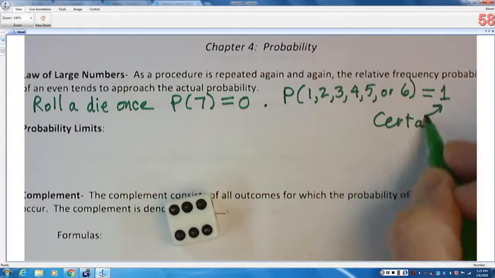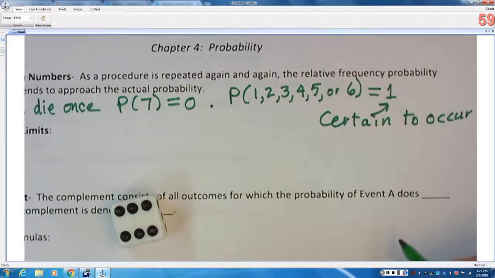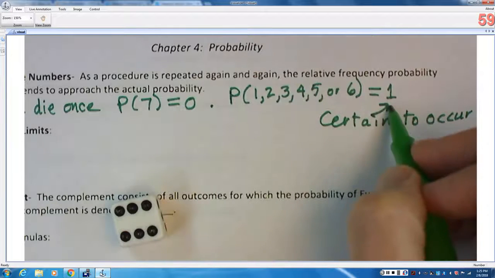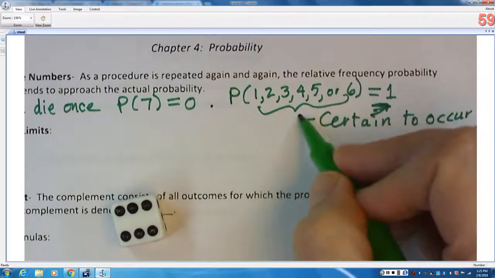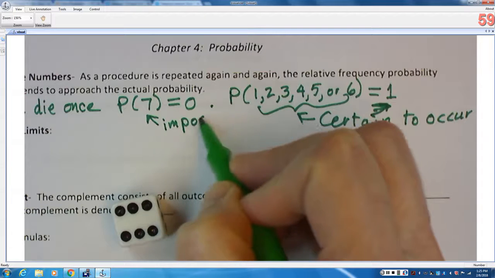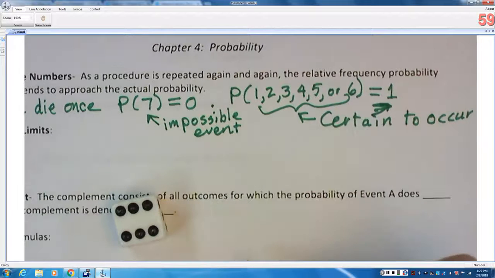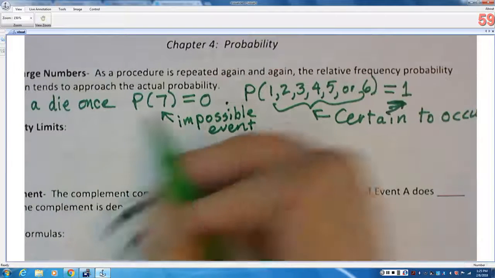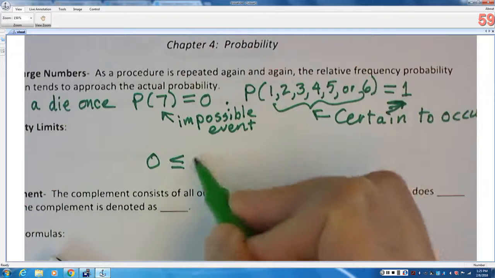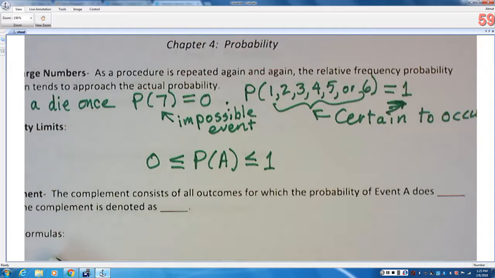It's an event that's certain to occur. This is an impossible event. So our probability limits: every probability has to be between 0 and 1. You can't have a negative probability. You can't have a probability more than 1.